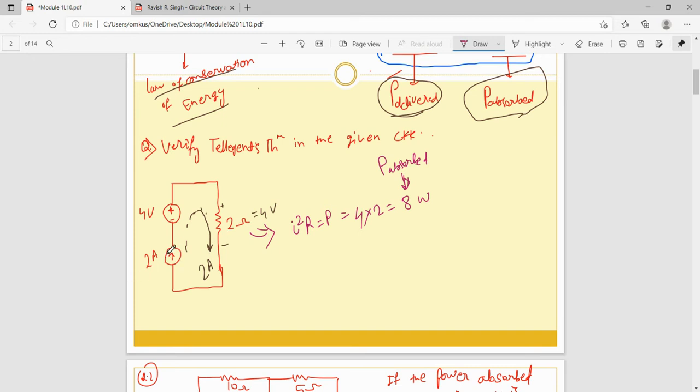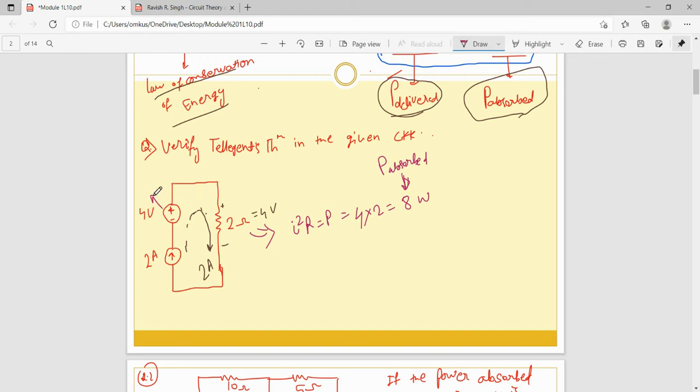Now see, 2 ampere current is flowing in this circuit. This 4 volt voltage source is already given to you, and we know that the 2 ampere current is flowing in this circuit. So what is the power consumed by this voltage source?